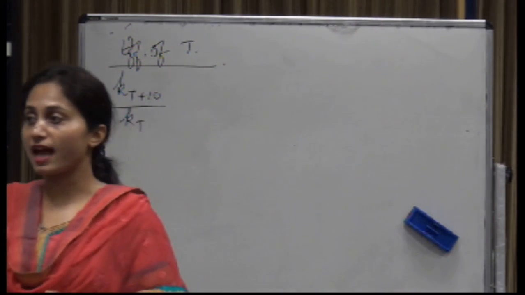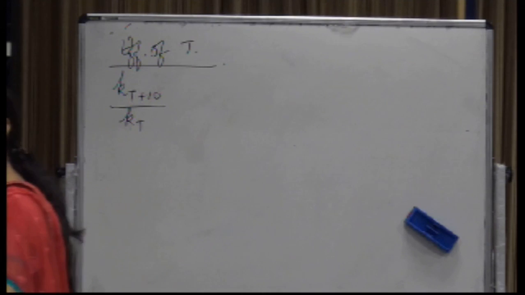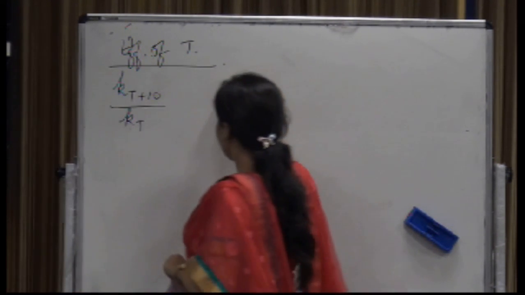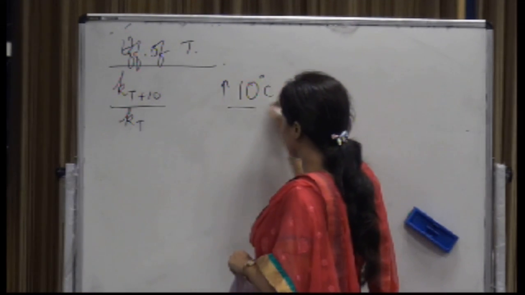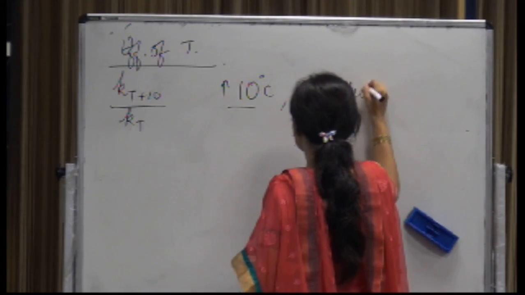Otherwise, remember that the rate of the reaction generally increases on increasing the temperature. And it is found that for almost all the reactions, for every 10 degrees rise in temperature, the rate of the reaction is nearly doubled.